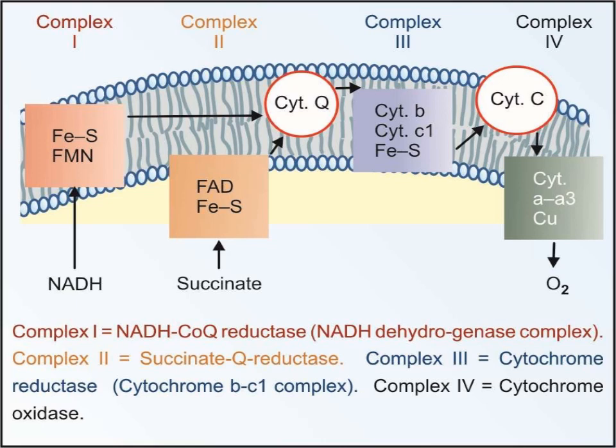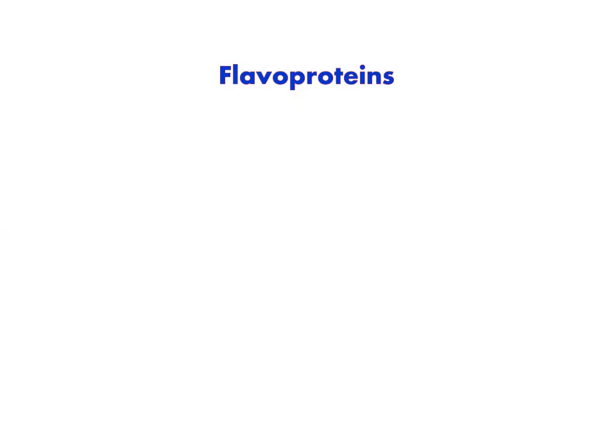You see complex 1. Complex 1 consists of NADH coenzyme Q reductase, or NADH dehydrogenase. This is complex 1. The flavoproteins. What are flavoproteins?